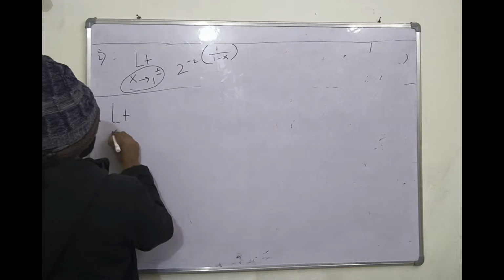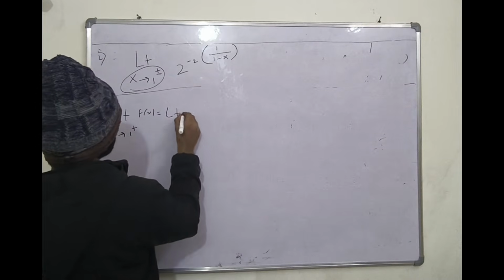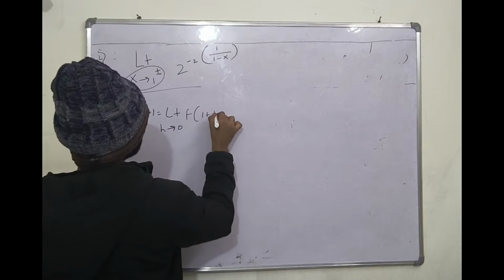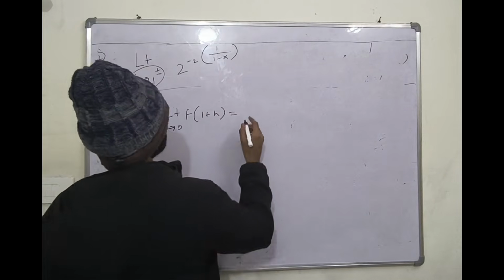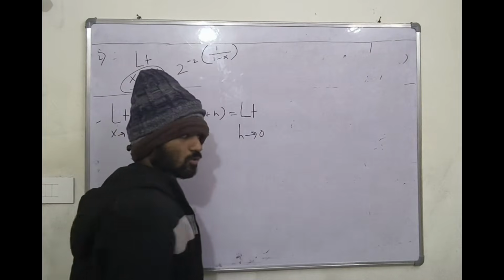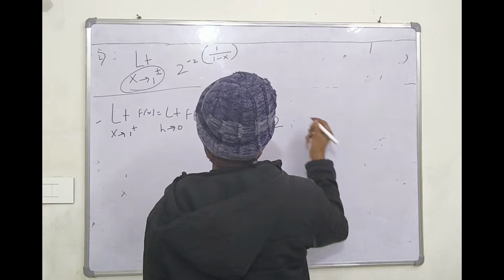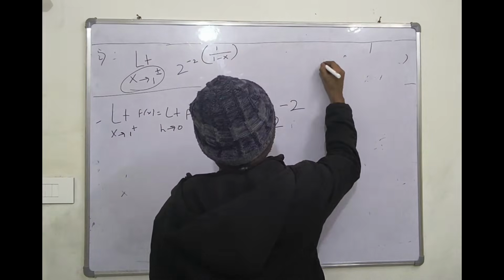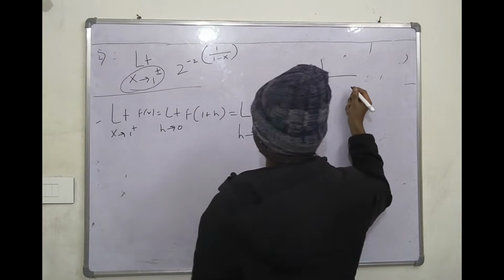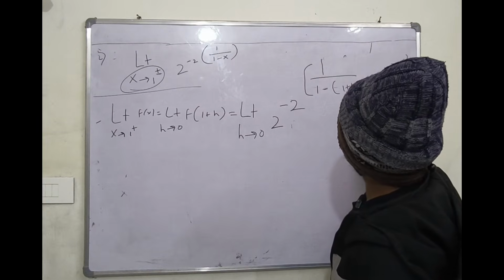Limit x tends to 1 plus f of x equals to limit h tends to 0 f of 1 plus h equals to limit h tends to 0. Okay, good. 2 power minus 2 whole power 1 minus, okay, 1 plus h.